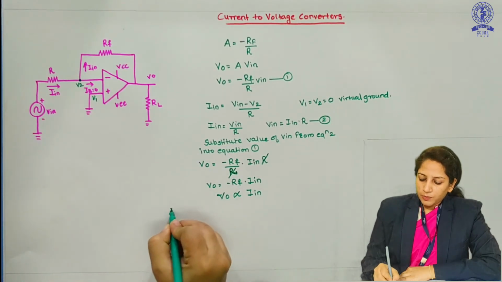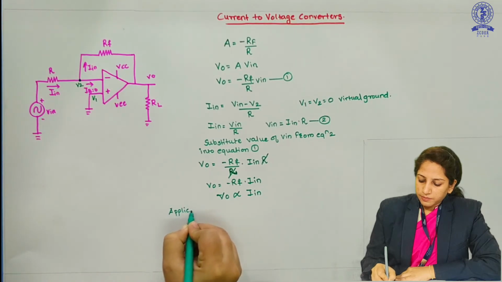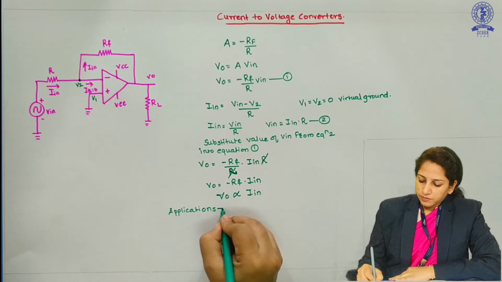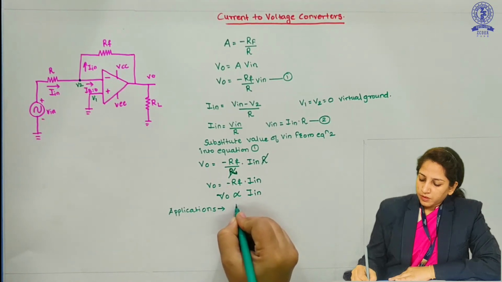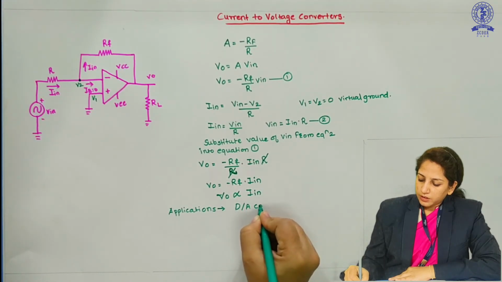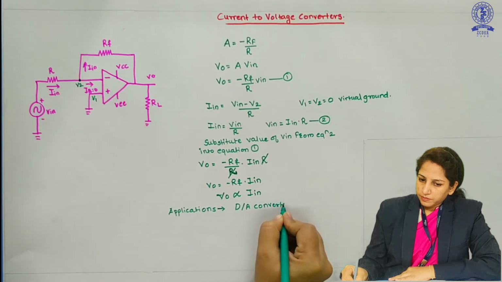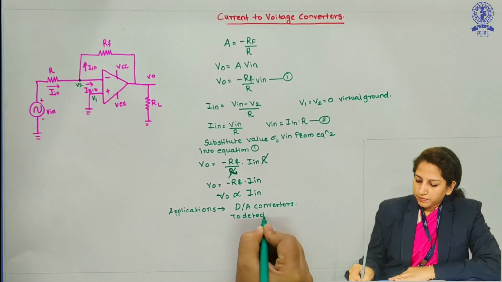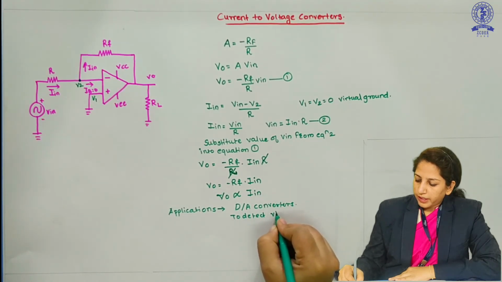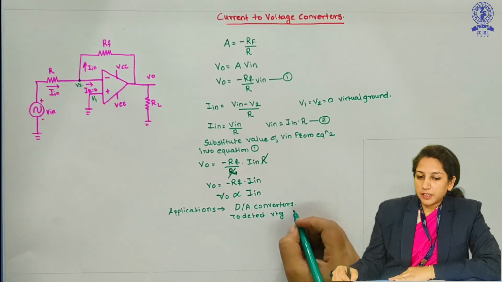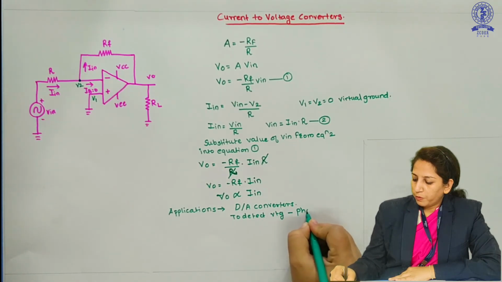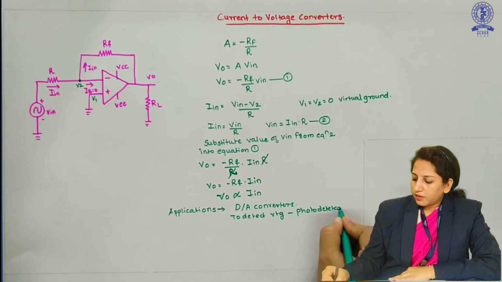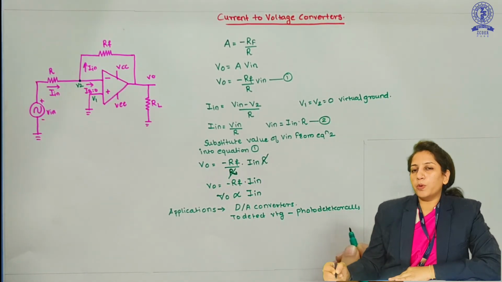Applications for this are digital to analog converters, and to detect voltage from the output of photo detector cells, as they give output as a current.